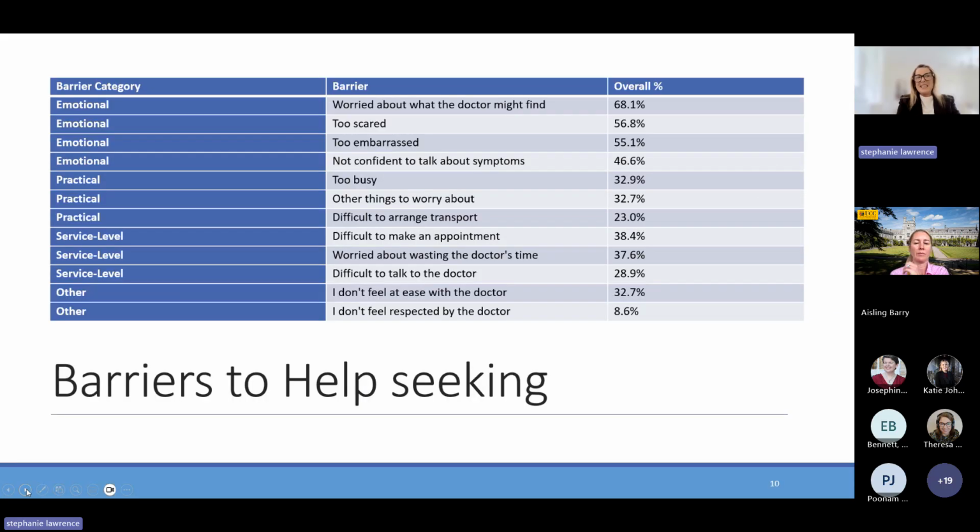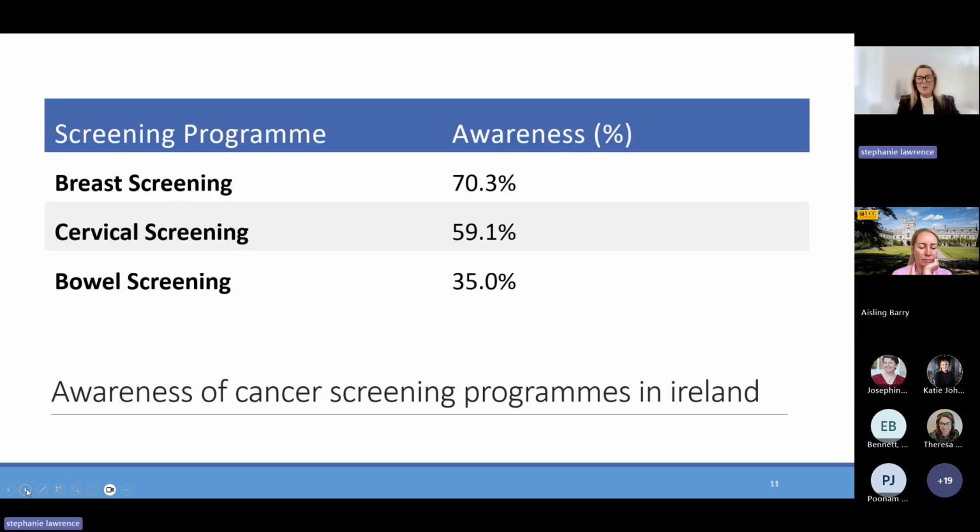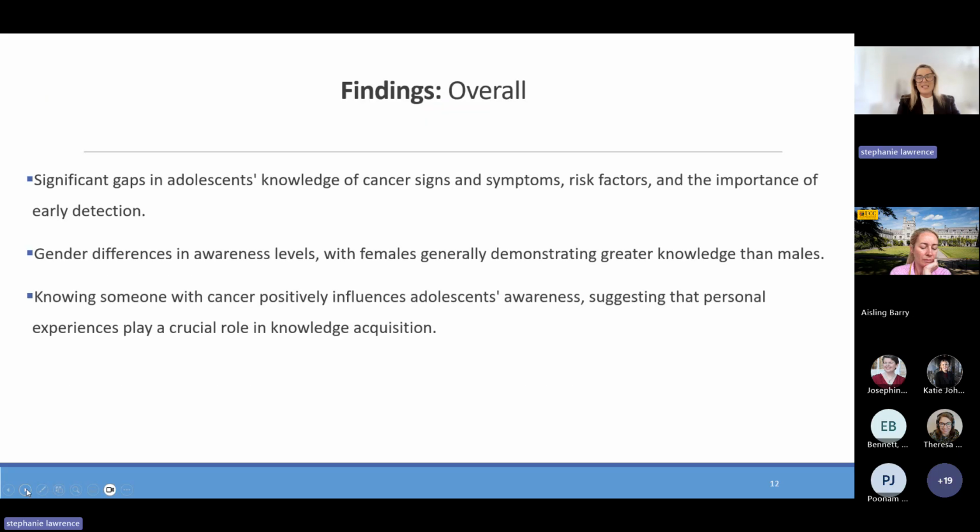Regarding barriers to help seeking, the biggest barrier, from an emotional point of view, was worrying about what the doctor might find, at 68.1%. From a screening point of view, in Ireland, breast screening was recognised by adolescents at 70%. However, many were unaware of the bowel screening programme, with just 35%.